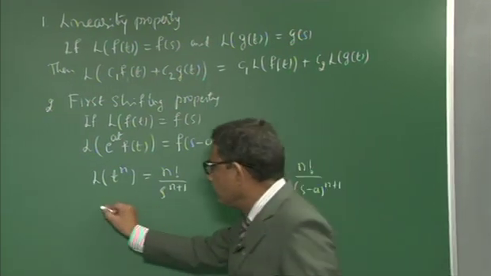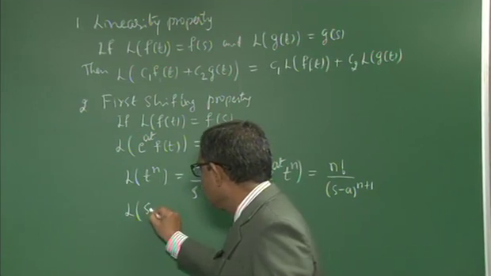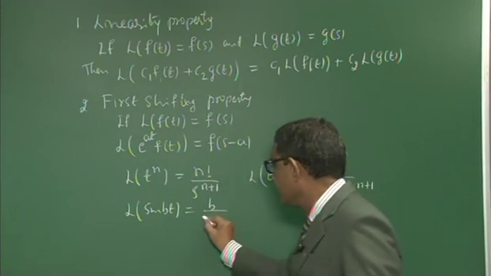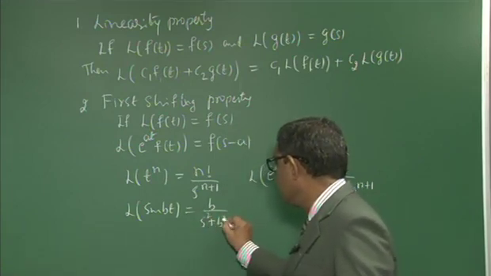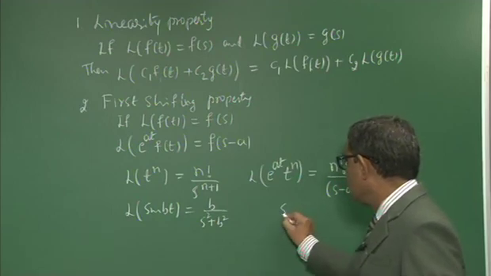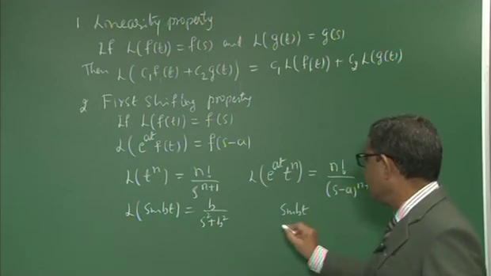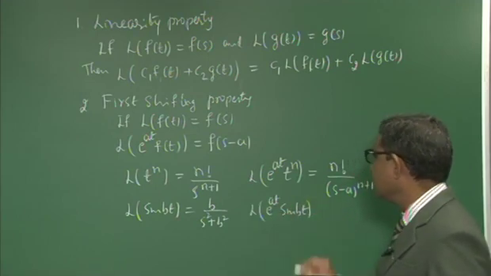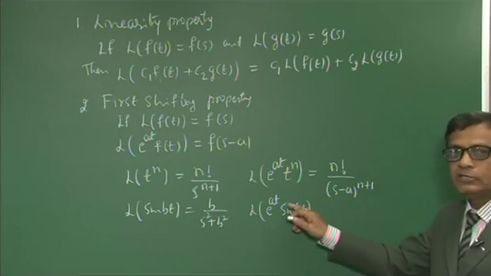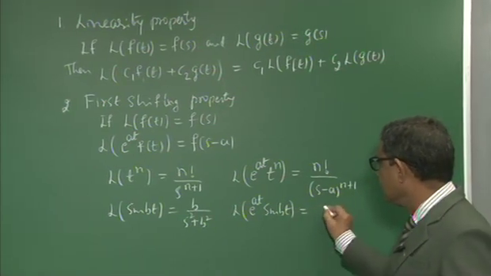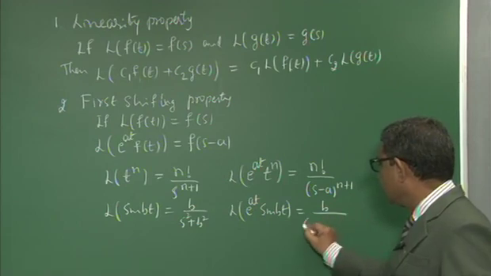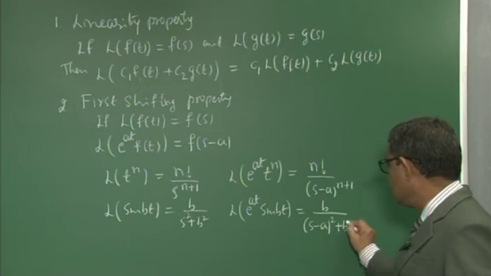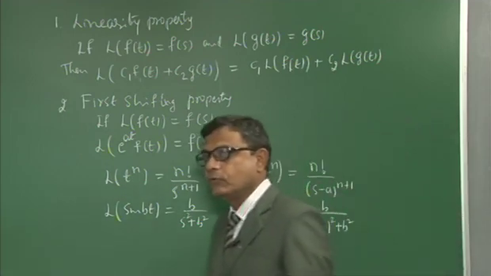Now similarly, consider L of sin bt, this is b divided by s square plus b square. Now if the sin bt function is multiplied by the exponential function, its Laplace transform L of e raised to at sin bt is b divided by s minus a whole square plus b square. This is the second formula.